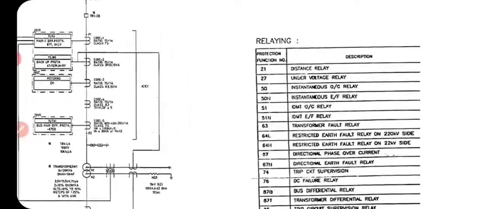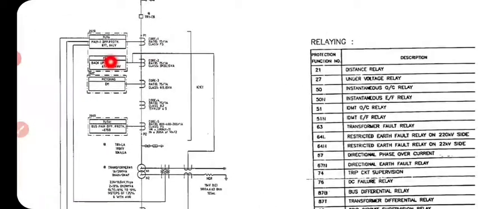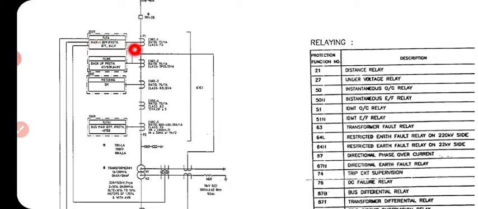Every single core is feeding a different protection section of the plant, the substation. For example, core 1 is feeding 87T. It means it is feeding the 87T differential protection of the transformer.